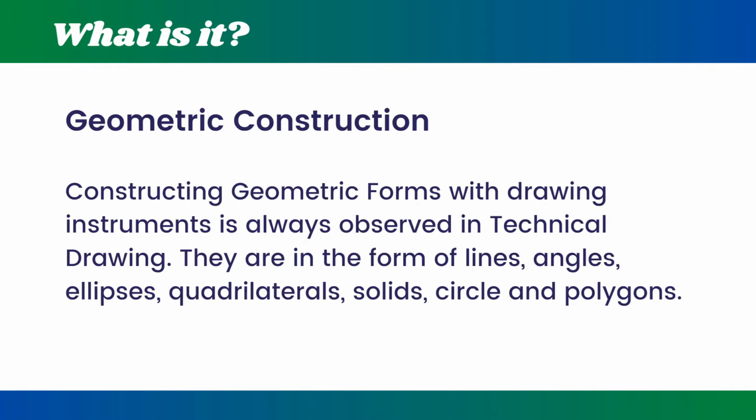What is it? Geometric construction. Constructing geometric forms with drawing instrument is always observed in technical drawing. They are in the form of lines, angles, ellipses, quadrilaterals, solids, circle, and polygons.